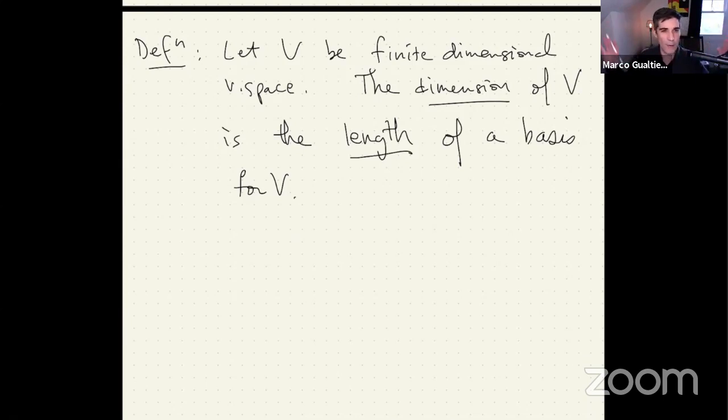So we know by the theorem that no matter what spanning set you initially chose, you can always reduce it until you get a linearly independent spanning list. The question is, if you define the dimension to be the length of your basis, and I define the dimension to be the length of my basis, how do we know that they are the same length? How do we know that there is a well-defined length? How do we know that every basis has the same length?